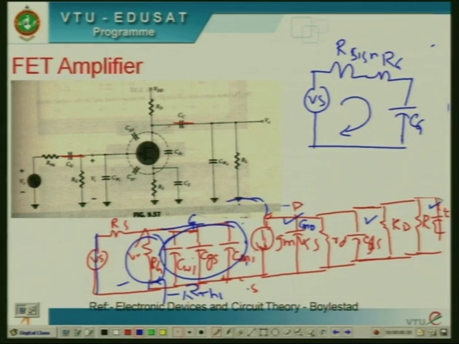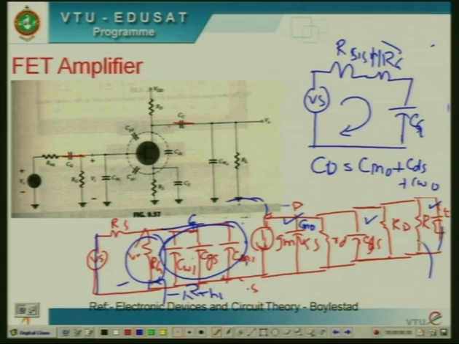Therefore, we can say that the output circuitry is given by, we are going to get this RTHO. This is a parallel combination of this, and then that CO is given by a parallel combination of this, CMO plus CDS plus CWO, and then the resistance RD, this RD and this RD.